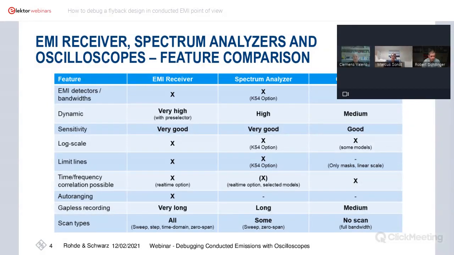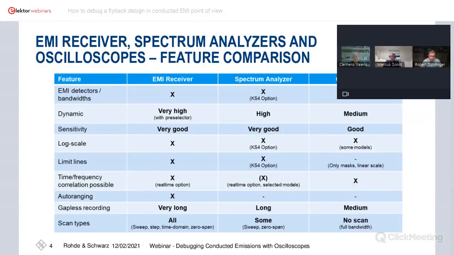That's why the EMI test receiver and the spectrum analyzer are so good in dynamic range and sensitivity. Furthermore, they provide nice features like logarithmic scales and limit lines.